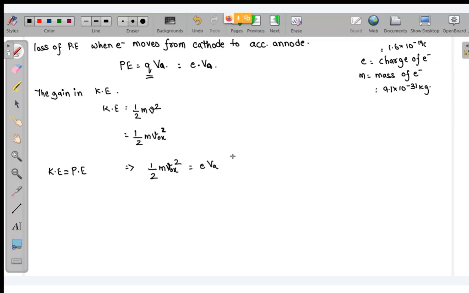Okay, so this velocity in your x axis is equal to the square root of 2eVA by m. I think we have studied this in your 11th class also, somewhere in modern physics, if I am not wrong.